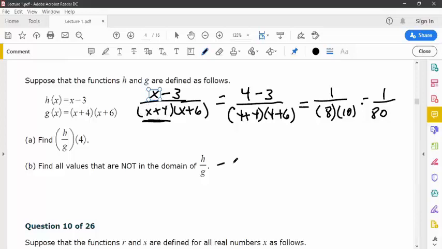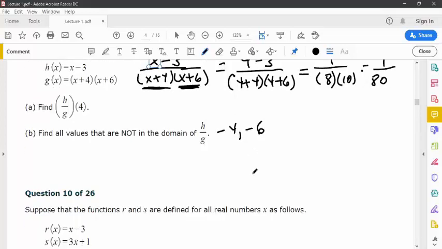So negative 4 has to be one of the values not in the domain. And the second value not in the domain would be the value that would make the second factor 0. And negative 6 plus 6 is 0. So negative 6 would be the other value not in the domain. And again, we'll talk about that in more detail later on.